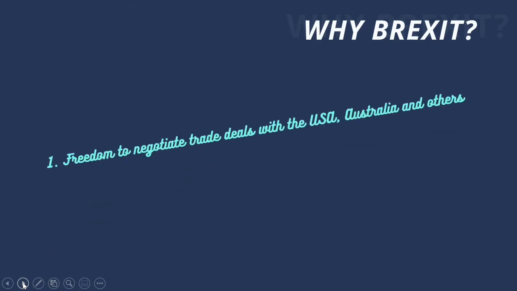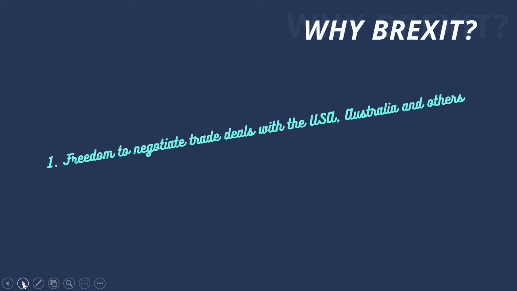The most important are, number one, the freedom to negotiate trade deals with the USA, Australia, and others. In fact, countries that are members of the EU are not free to negotiate trade deals on their own.